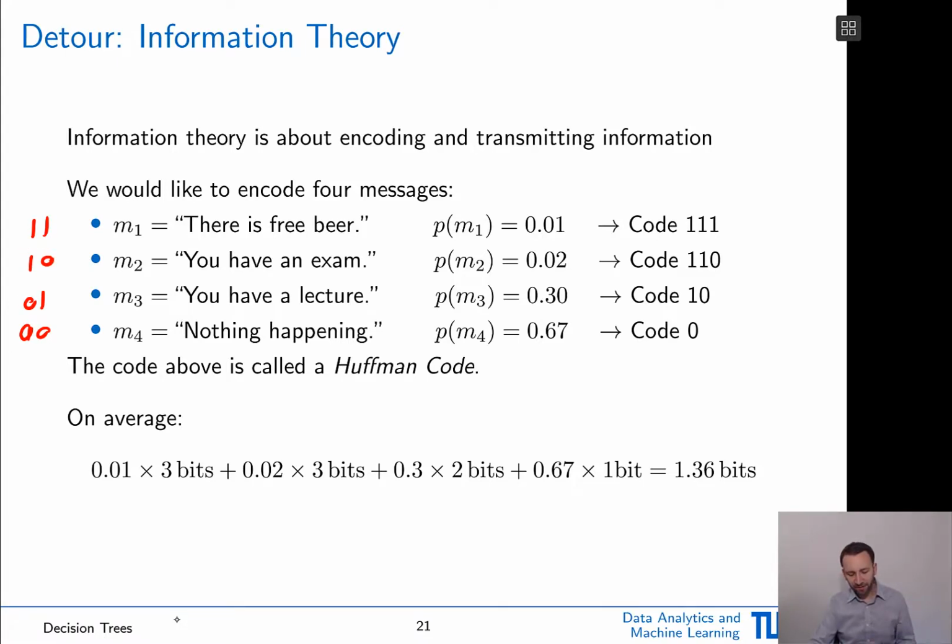What we did here, this code, is called the Huffman code, and in general it relates to the field of information theory. It tells us how much information is contained in this probability distribution. And again, you see for a very clean, pure region, we would, for example, have 100% here.